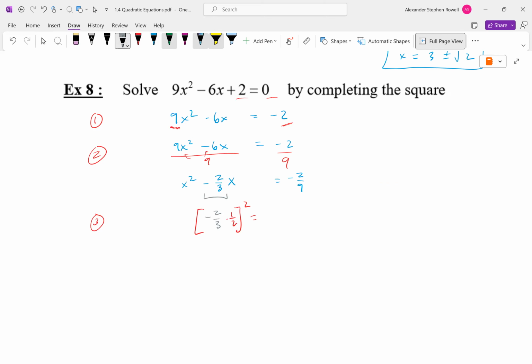So then these 2's cancel and I get negative 1/3 squared. The good news, this number is always positive, right? Negative times negative is positive. What's 1/3 squared? Yeah, it's 1 squared over 3 squared is 1/9. So let's go ahead and add 1/9 to both sides.